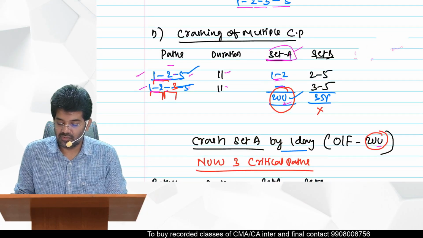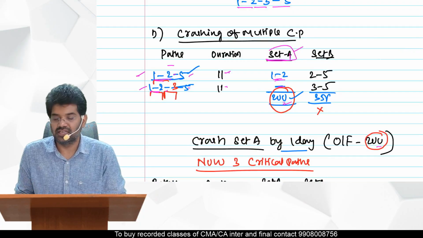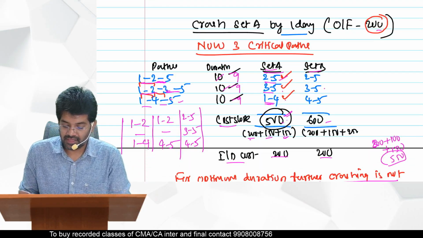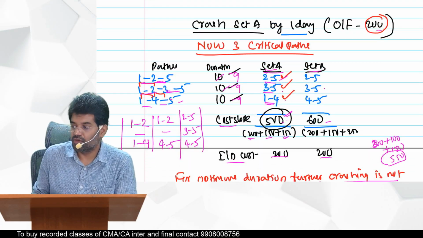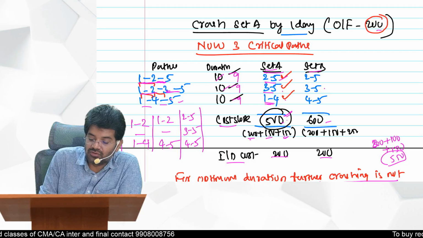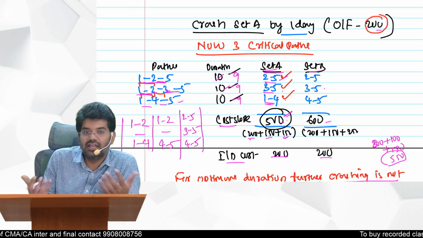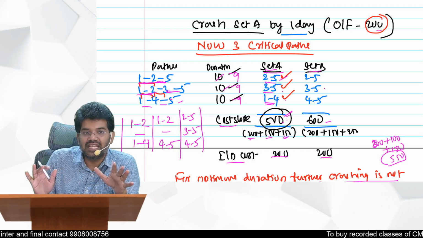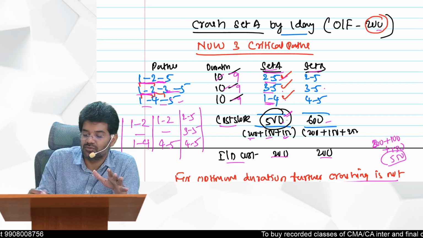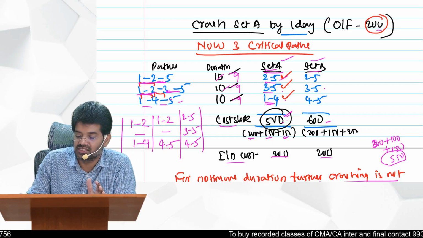In the answer, why did I not select that combination here? Because I am talking about after 3 critical activities. Why did we not select 1 to 2? Because 1 to 2 is already completely crashed. You cannot utilize 1 to 2 again. That is the reason we did not create any set here. Only possible sets are these two sets.